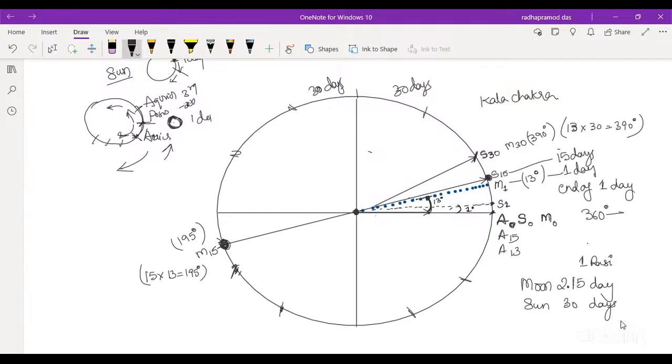It will also complete 390 degrees. It will also come to the same position. So every month, sun and moon meet together. Again, by the time sun goes to the next zodiac sign, moon also completes. It goes faster. Just as the sun travels from one zodiac to another, moon has traveled all the zodiac signs and reached here. Again, by the time the sun reaches the next zodiac, moon has already traveled all the zodiac signs.